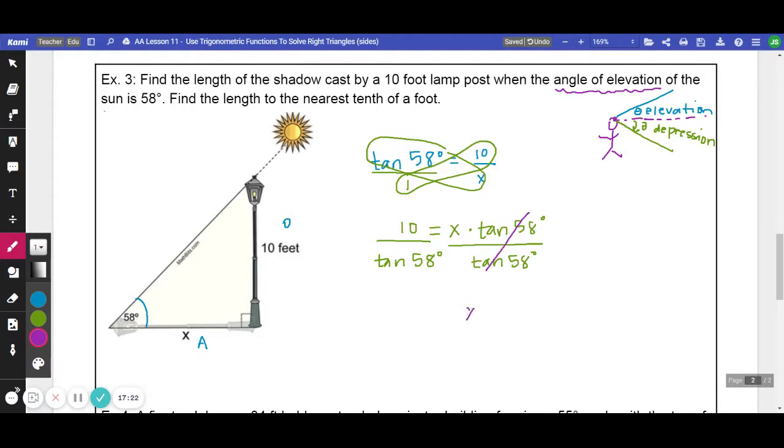So I get 1x equals, and then on this side, I'm going to type the whole thing in like that. 10 divided by tangent 58 is 6.2, to the nearest tenth of a foot. So 6.2 feet. And put on the other side. It's a word problem, so you should label it 6.2 feet.